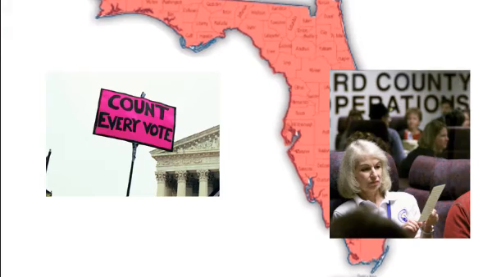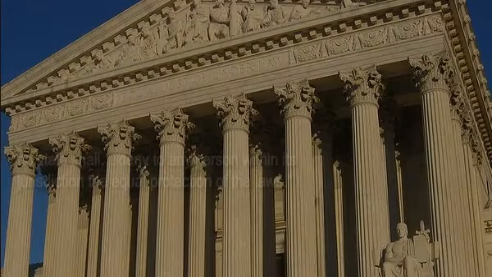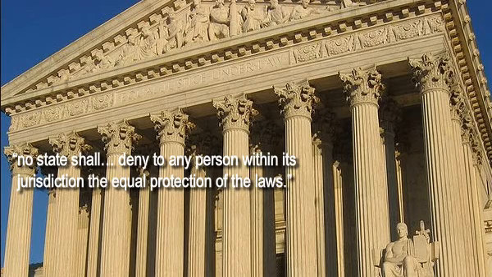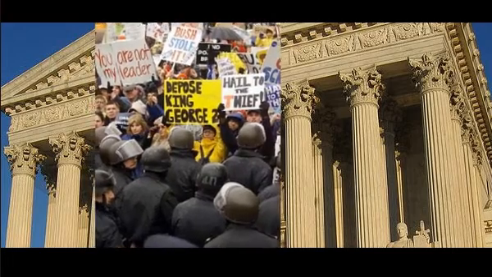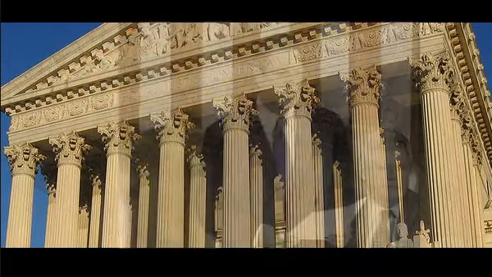The U.S. Supreme Court overruled the Florida court, holding that with no uniform standard to judge voter intention, a statewide manual recount would violate the 14th Amendment's Equal Protection Clause. The court's decision was greeted by a furor of protest from Democrats, but Gore agreed to abide by its decision, and George W. Bush was declared the victor more than a month after Election Day.